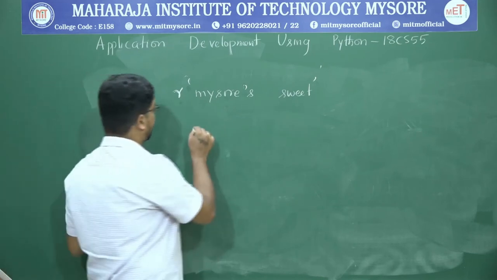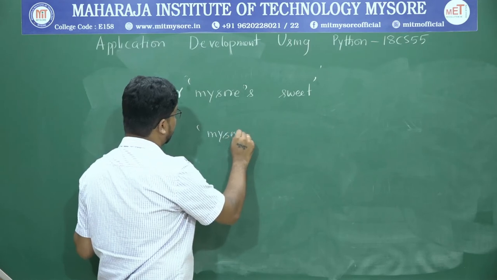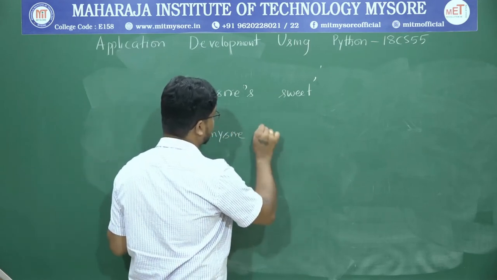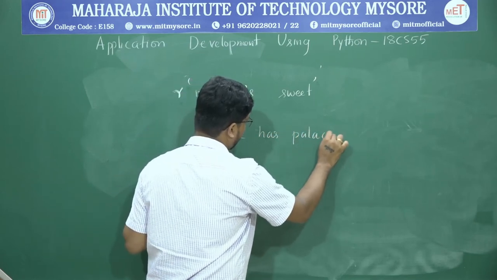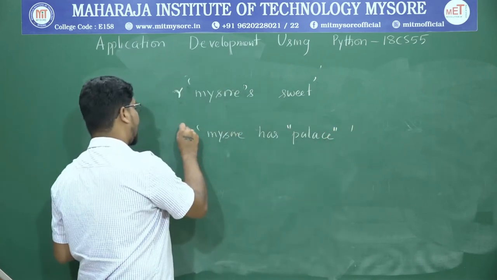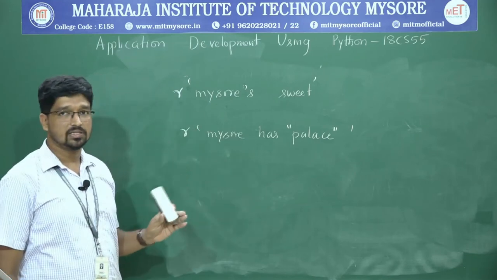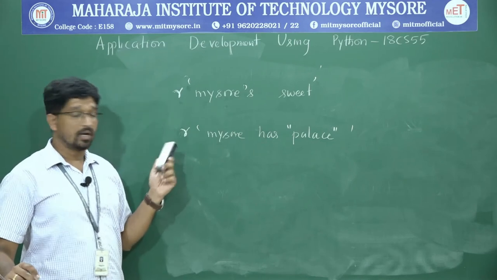Okay. Let us say you want to print Mysore has palace with quotes. If you put a small r, it is printed as it is, so you don't need any escape sequence. That is called a raw string.